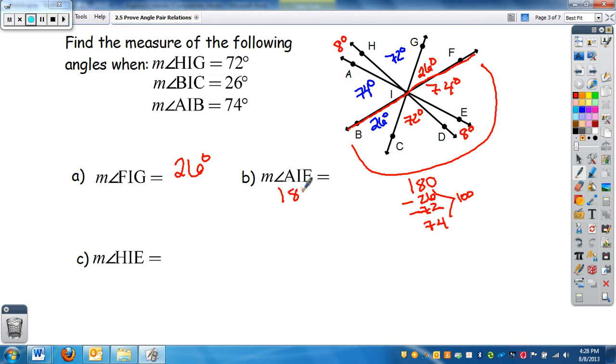All straight lines are 180 degrees. Then we have HIE, which is 72 plus 26 plus 74. Or if you brought your A game, you would notice it's just 8 less than 180, so it's 172 degrees.